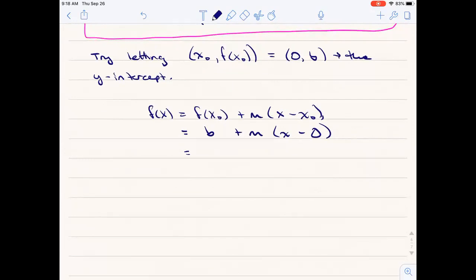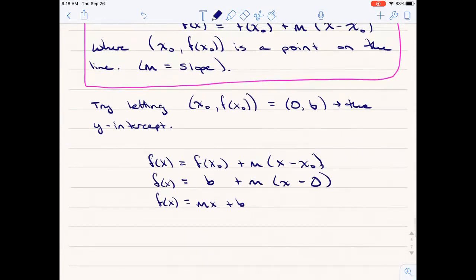If we swap the order, we end up at mx plus b. So f of x is mx plus b. And so we can go from this general form where, as long as you know one point on the line and the slope, I can give you the equation of this line. Hence the term point slope.